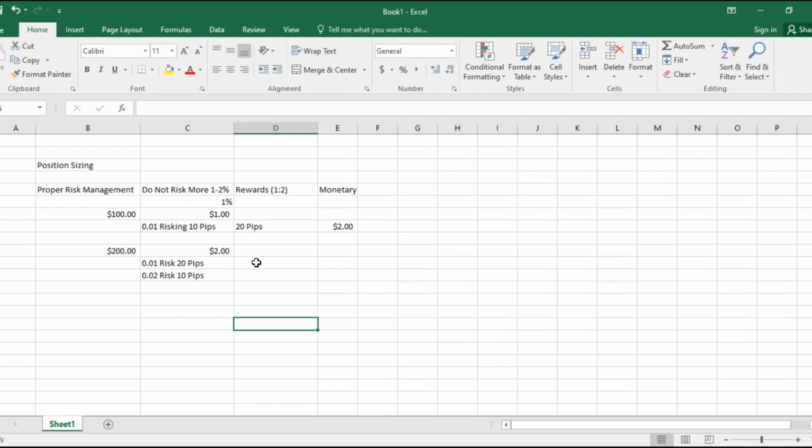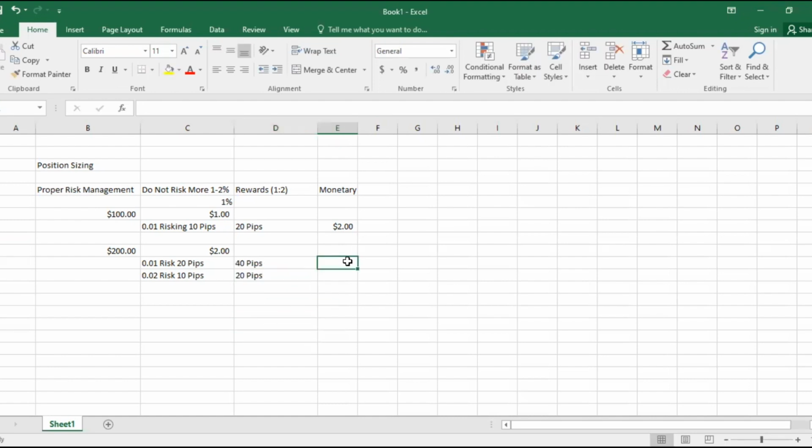So if you'll be risking 20 pips, then your reward you should be targeting is 40 pips. And if you are risking 10 pips, then you should be targeting 20 pips, right?